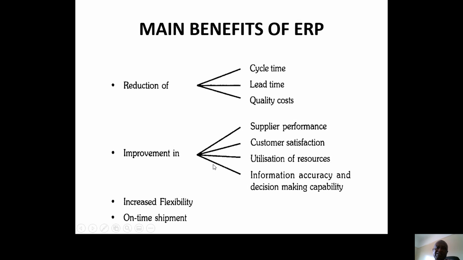I've also repeated some of these benefits. Reduction of what? Time, quality costs. Improvement of what? Supply performance, customer satisfaction, which is just a repetition, utilization of resources, information accuracy and decision making, increased flexibility, on-time shipment, on-time delivery, and so on.